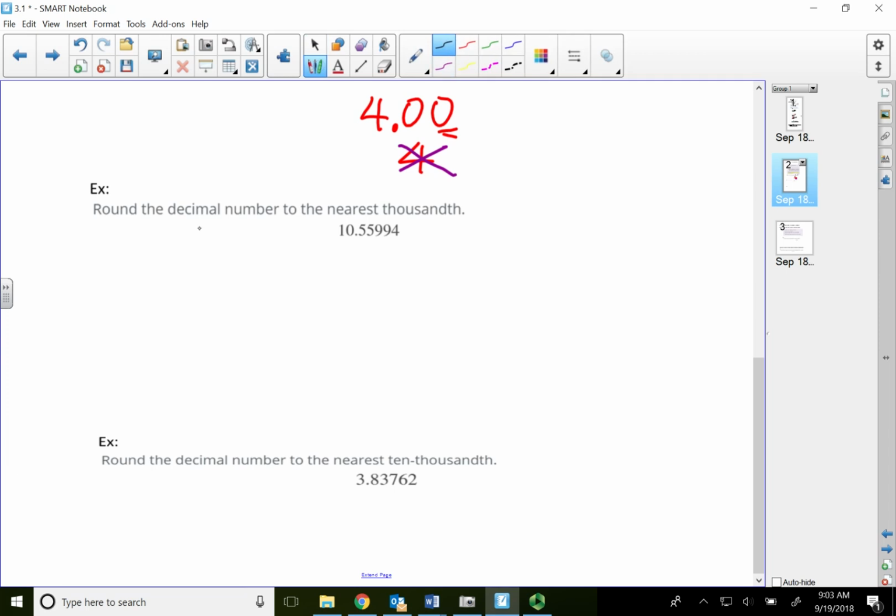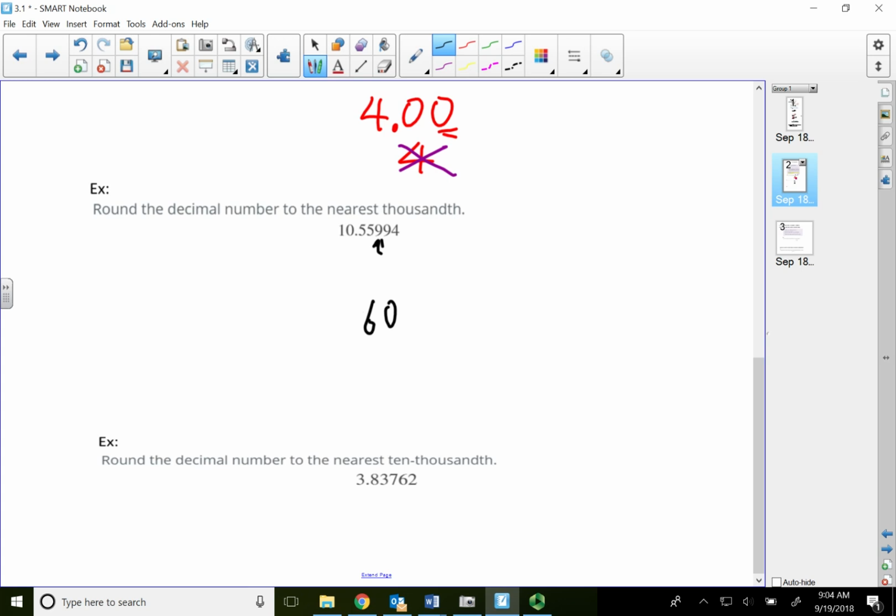All right, round the decimal number to the nearest thousandth. So let's count them. The first digit behind the decimal is tenth, then hundredth, then thousandth. So this first 9 is what I want to round to. The digit to the right is 9, which is higher than 5, and that makes my 9 go up into a 10. That 10 is going to make my 5 go up to become a 6.